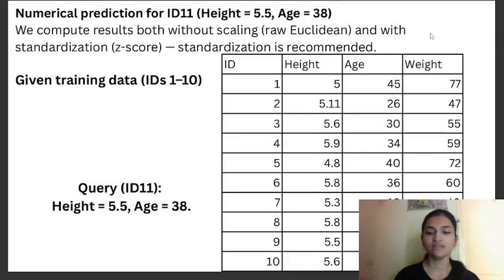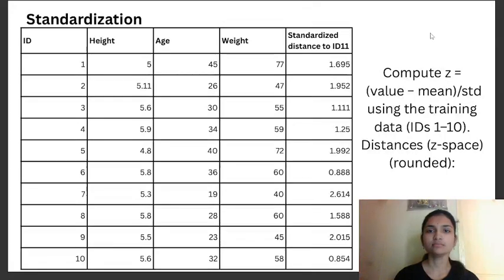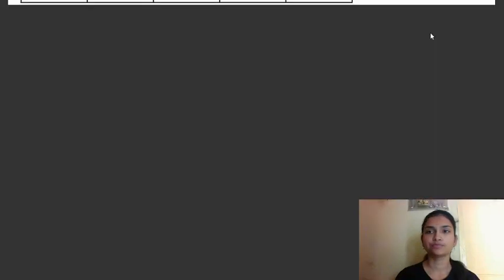Height is 5.5 and age is 38. Okay, here is the standardized distance to ID 11, and we can compute Z by this formula.